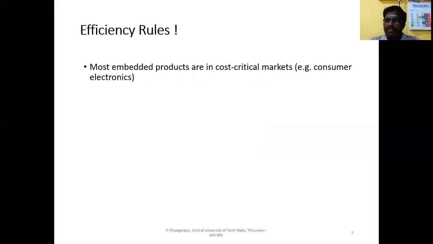And the efficacy rule. Most embedded products are mostly used in the critical market. Critical market in the sense that embedded systems are mostly used in the military and in the healthcare domain. Considering the crucialness of these domains, the output from the embedded system should be of great accuracy.